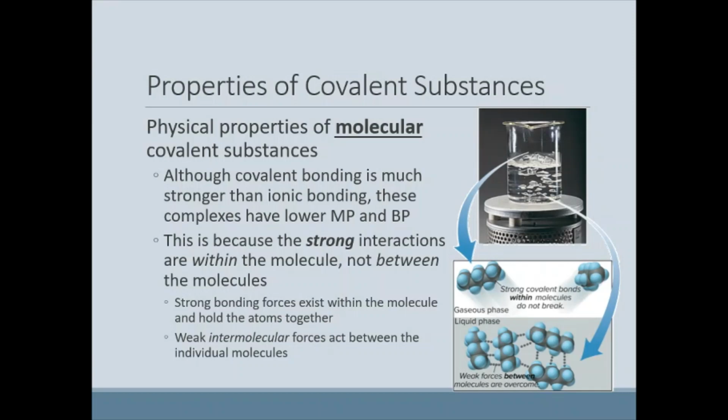The attraction is not particularly between each of the individual water molecules. Same deal with a sample of carbon dioxide gas, CO2. The interaction is mainly between that carbon and the two oxygens. It's not really going to be too extreme between each of the CO2 molecules.